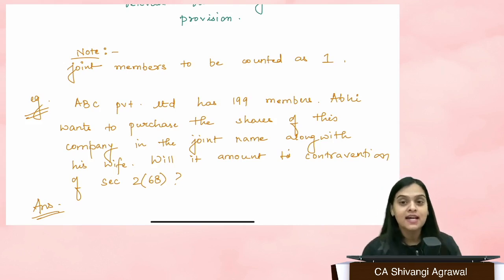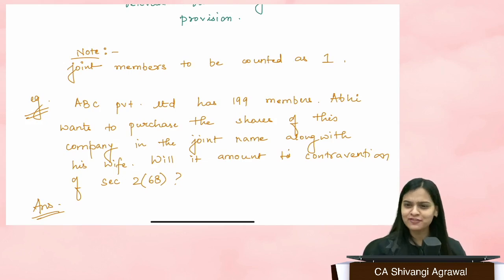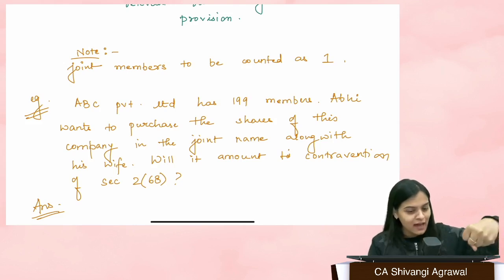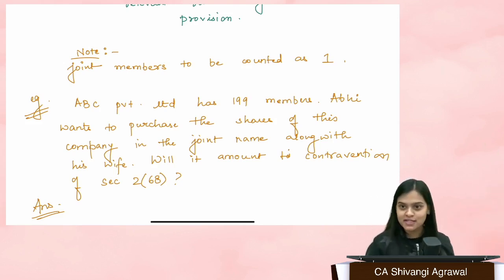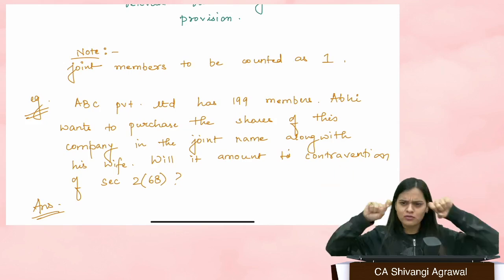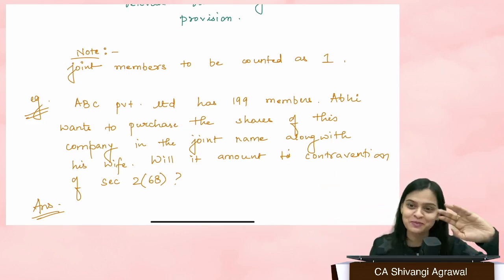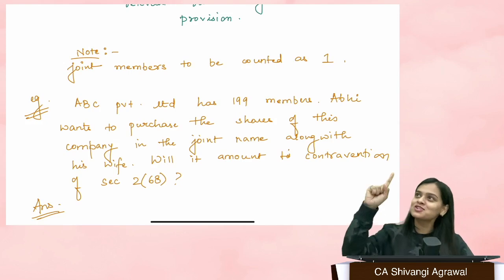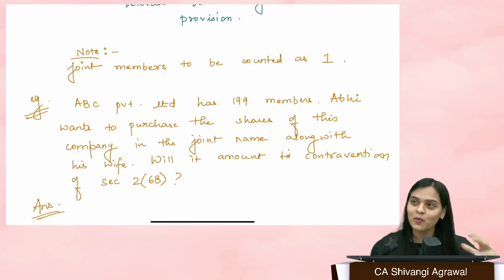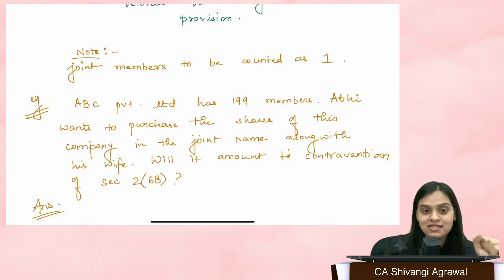Okay, now listen. Abhi is somebody who is newly married. So they have taken this vow, like everything they are going to do together, right? So we'll have the house in our joint name, the car in our joint name. Everything is going to be in the joint name. There will be a nameplate outside our house in the joint name, right? So they decided to take a share of a particular company. They wanted to invest in that company, and they thought this is also going to be in the joint name.